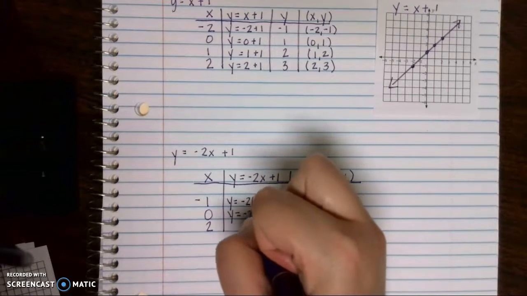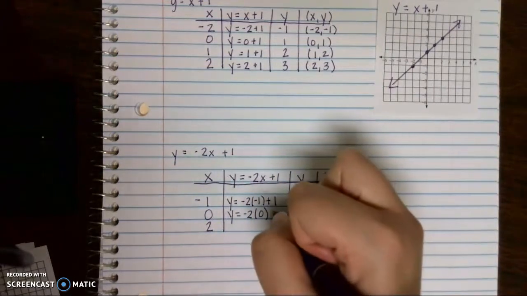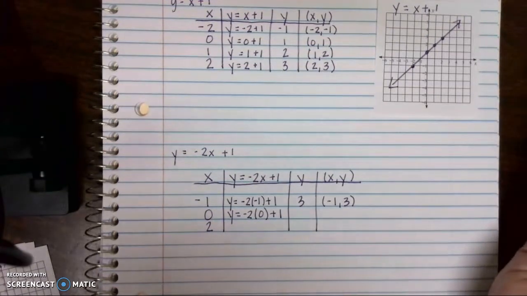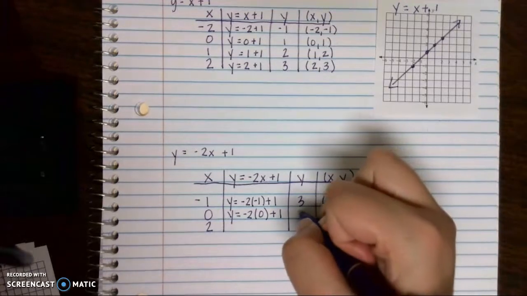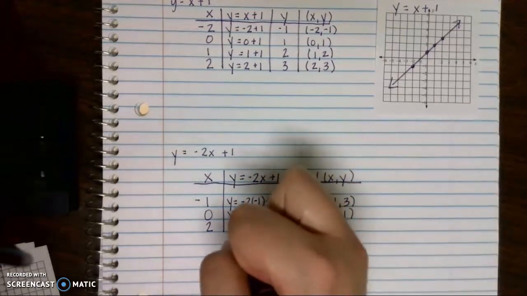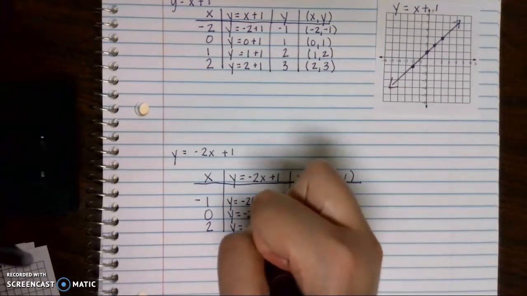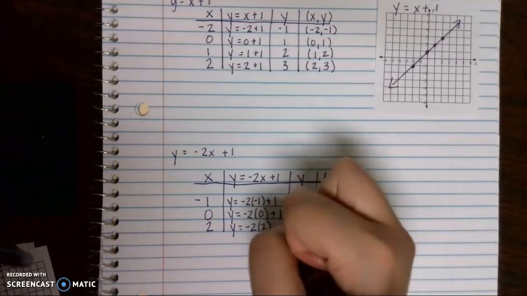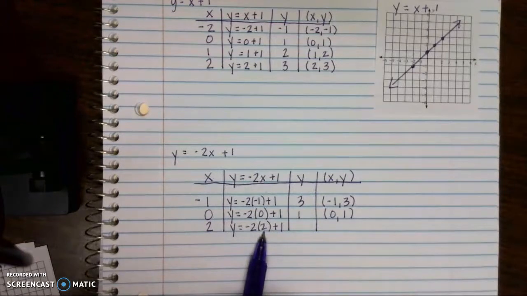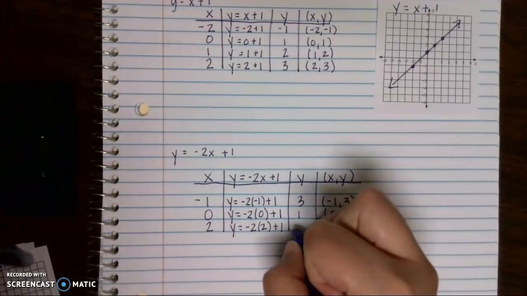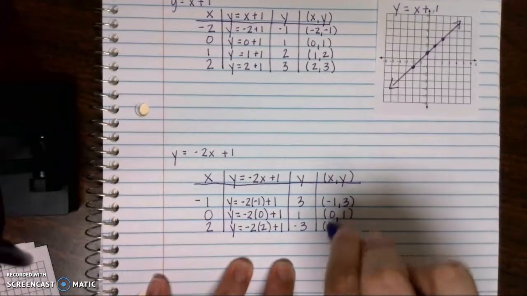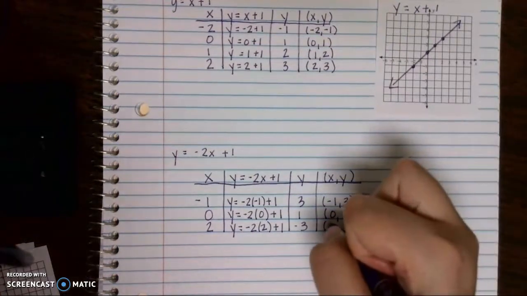Y equals -2 times 0 plus 1. -2 times 0 is 0. 0 plus 1 is 1. So the ordered pair would be at 0, 1. Next one, y equals -2 times 2 plus 1. -2 times 2 is -4. -4 plus 1 is -3. So the ordered pair is at 2, -3.